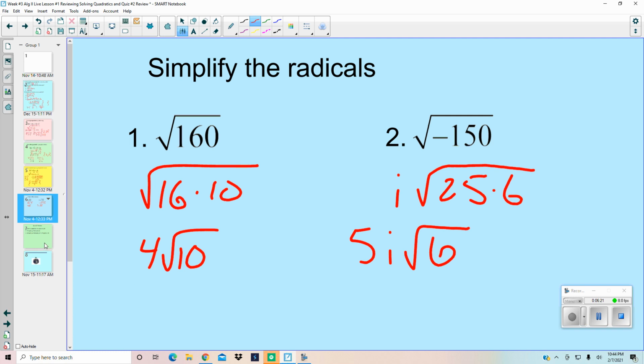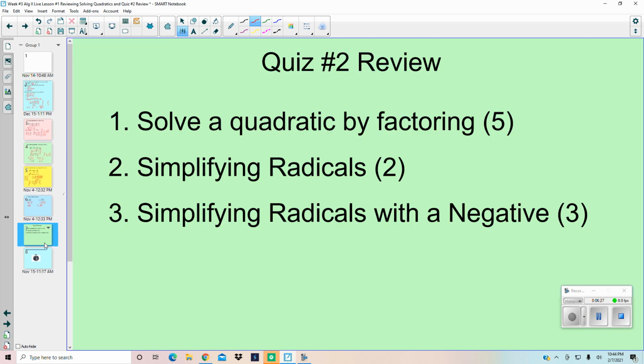So for that quiz that's available for you to take on Wednesday, you're going to solve by factoring 5 of those. Remember, put your answers in brackets so you don't write x equals. And as long as you show your work, if you get it wrong in Delta Math but you showed your work correctly, you'll get full credit.